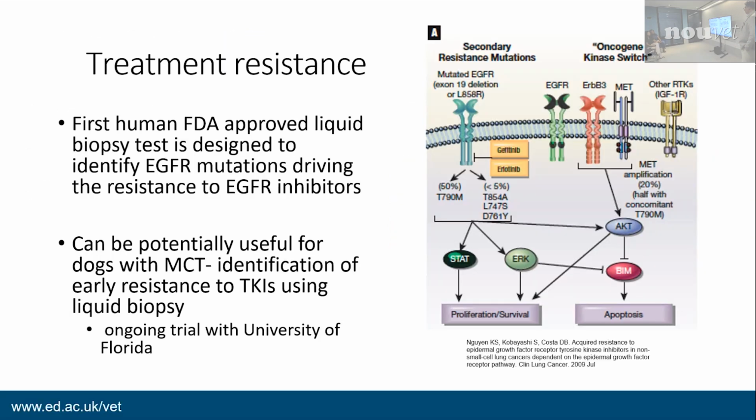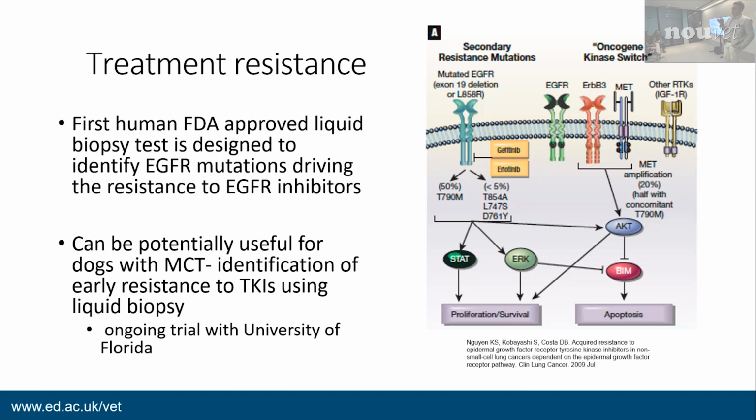And one of the things where they use liquid biopsy in humans is treatment resistance. One of the first tests approved by the FDA using liquid biopsy is to look at EGFR mutations in the circulation. With EGFR, there are certain types of mutations that are treated with first-line EGFR therapy.